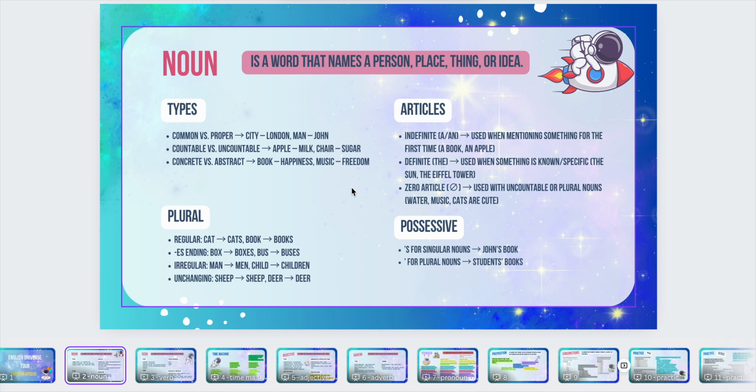Here we have three examples. For example, for regular nouns, plural is very simple. We need to add s. I think it's almost the same in Spanish, but for example, it's different in Ukrainian, but by the way, almost the same.